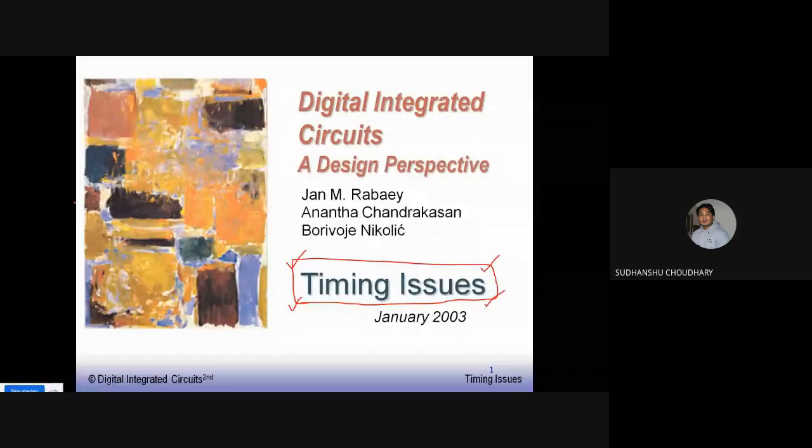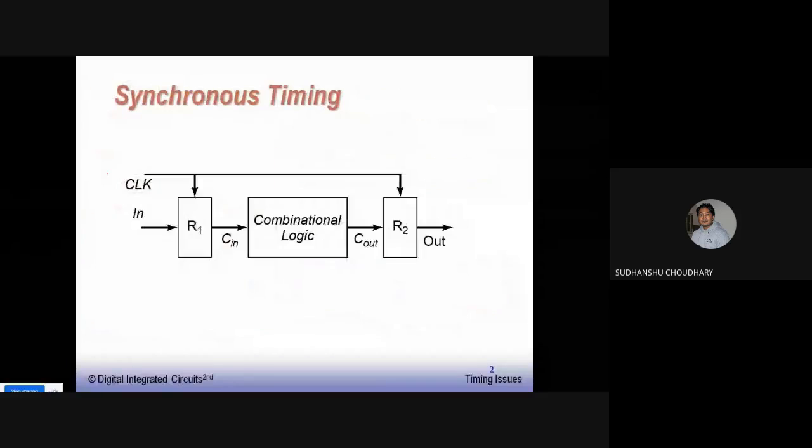So the timing should match. The data should be available at the very instant of time at which it is desired. If the data appears at a later time, then it is of no use. Because of the late arrival of data, the circuit operation may change. That is why timing is very important.